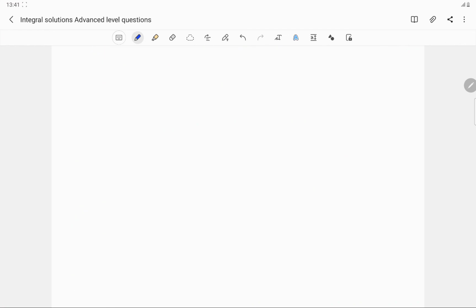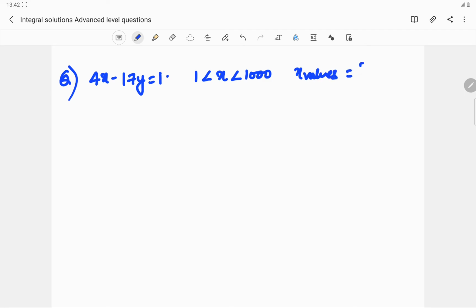Now let us solve another question so that the concept would be clear. The given equation in this question is 4x minus 17y equals 1, and x is lying in the range from 1 to 1000, and we are asked how many integral values of x can this equation take.